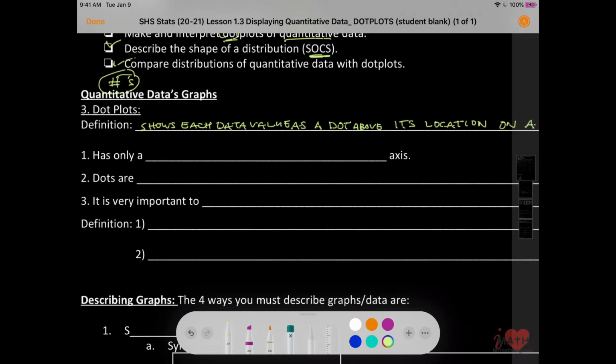It has only a horizontal axis or number line. Dots are the same size and equally spaced.